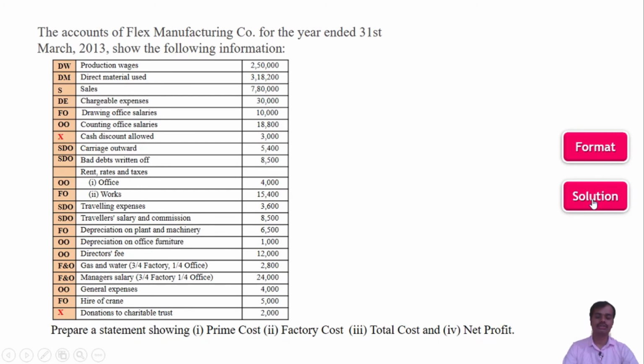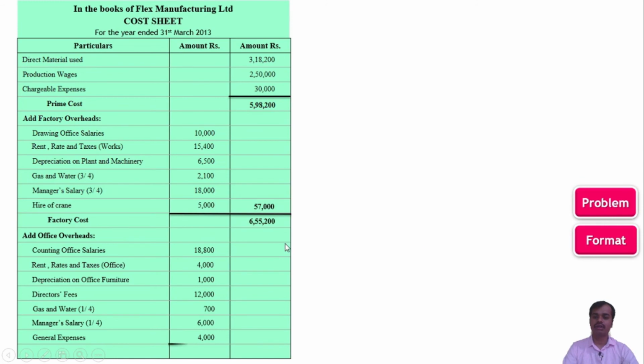Now in the solution we have to add all these office overheads, and after that we'll get 46,500. This 46,500 we have to add in factory cost, means in 6,55,200. Then we will get cost of production, and the cost of production is 7,01,700.